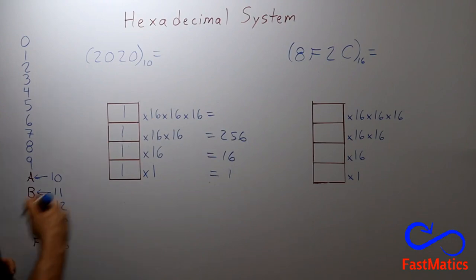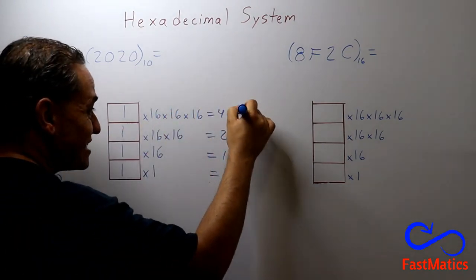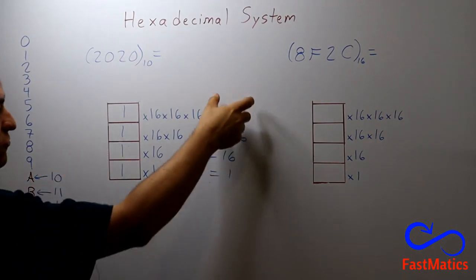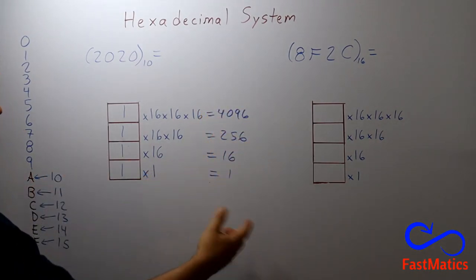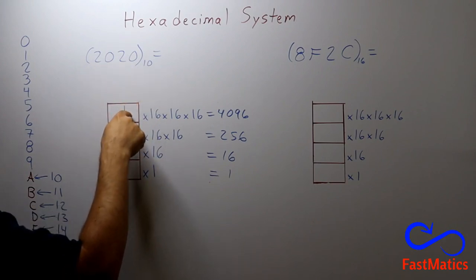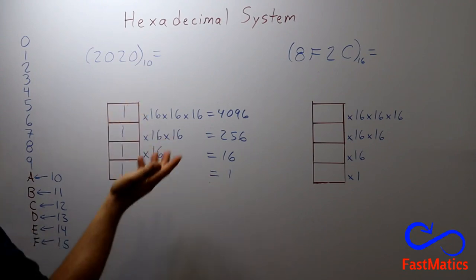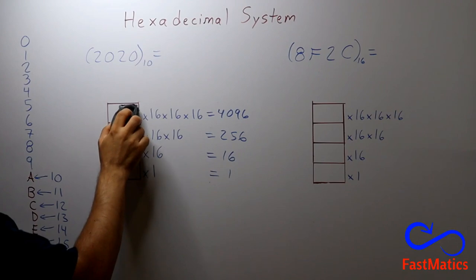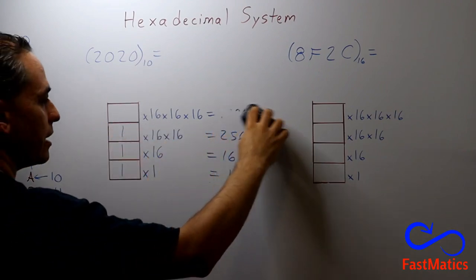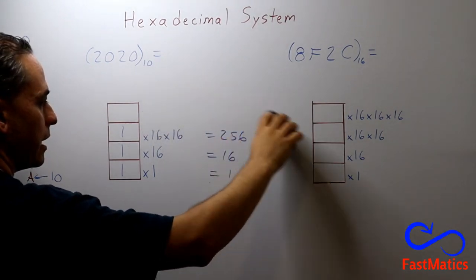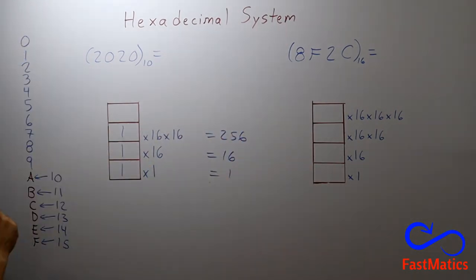We're going to get 4096. Oh, that's a problem, because if we add those numbers, we are not getting 2020. So we cannot write 1 here. Maybe 0, but 0 doesn't matter. So we erase that line and we start here.